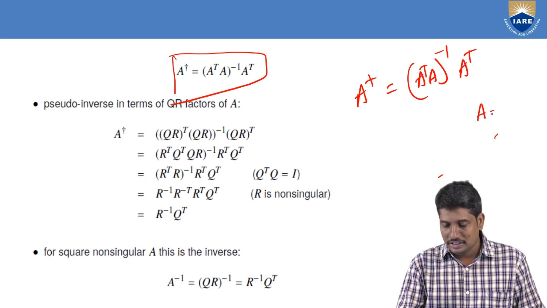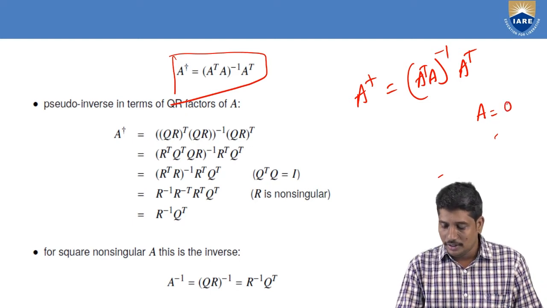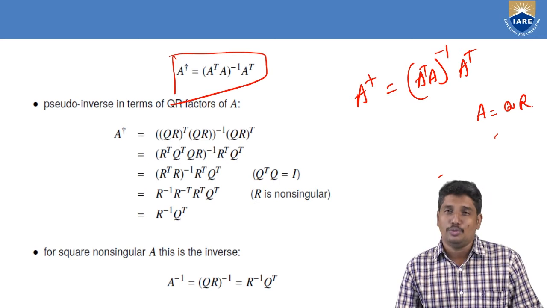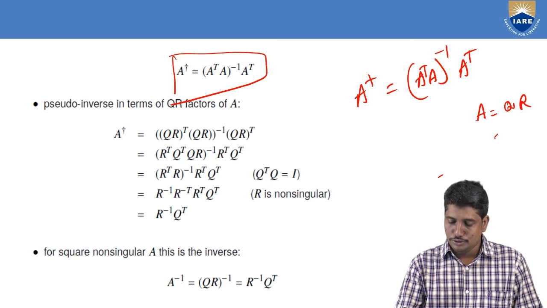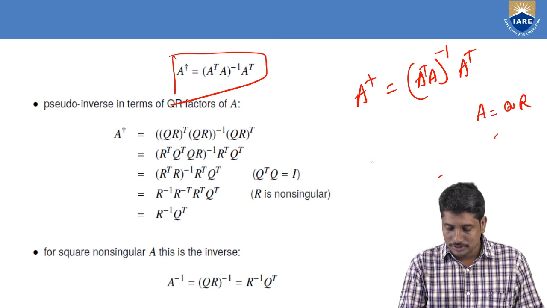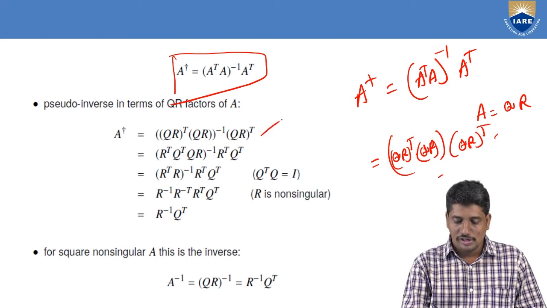Now, any matrix, whether it is singular or non-singular, square or rectangular, can be reduced into the form of Q into R, where Q is orthonormal and R is upper triangular. So let us substitute A equals QR here. Then what does it become?